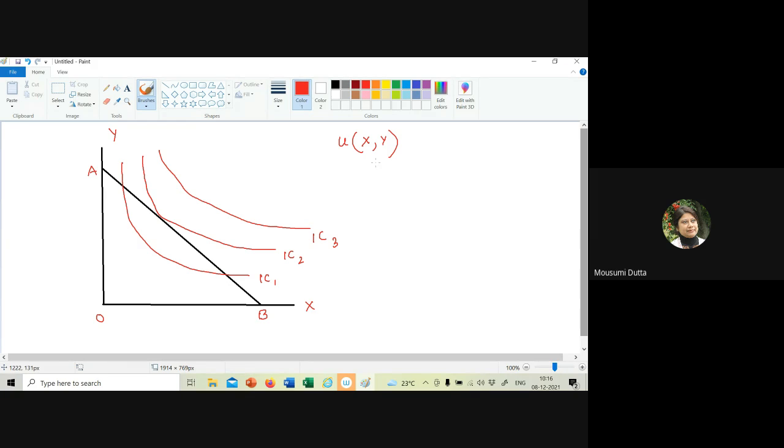Now, if I consider the combination of commodities along IC1, like this point, or this point, or this point, are these points feasible?